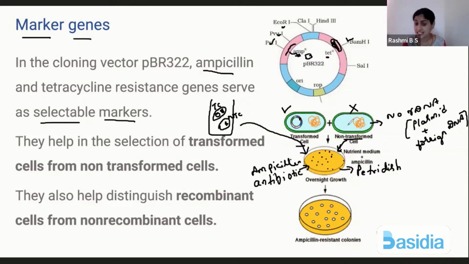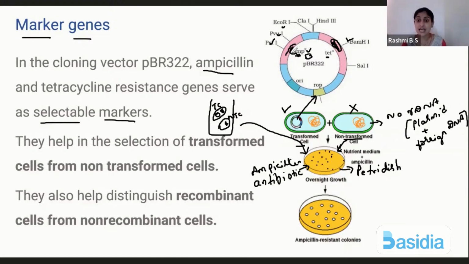Now, as these non-transformed cells do not have any plasmids, they're not surviving. Why? See, the transformed cells are surviving. Why? They have a plasmid. Which plasmid do they have inside? They have the pBR322 plasmid. So what does this pBR322 have? pBR322 has an ampicillin resistance gene in it.